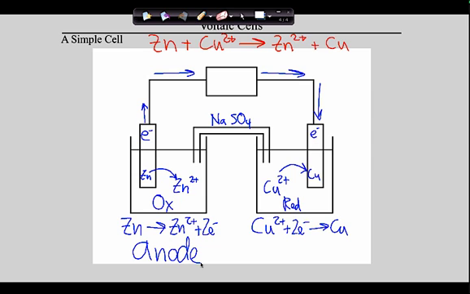Then, guys, similarly, the other side where reduction takes place, we've got the cathode. How are you going to remember that? Anode and oxidation start with vowels. Cathode and reduction start with consonants. If you can keep track of that, you'll be just fine.